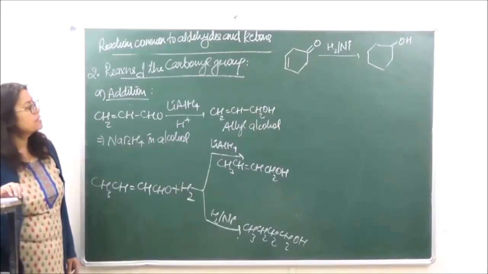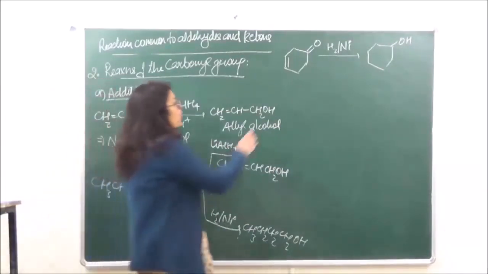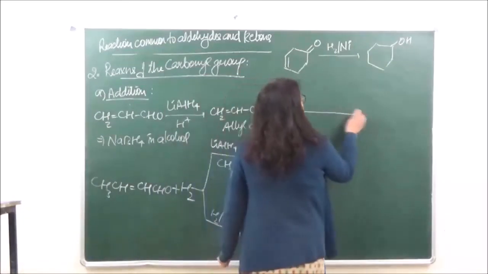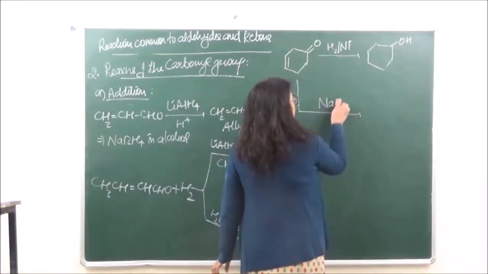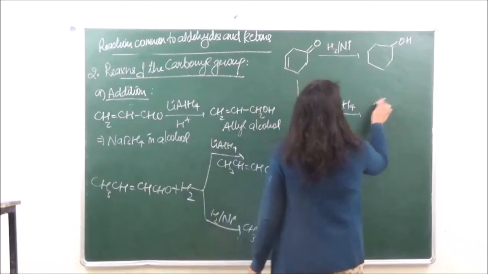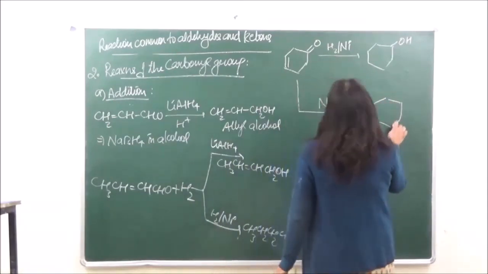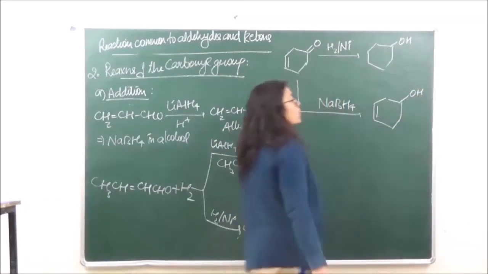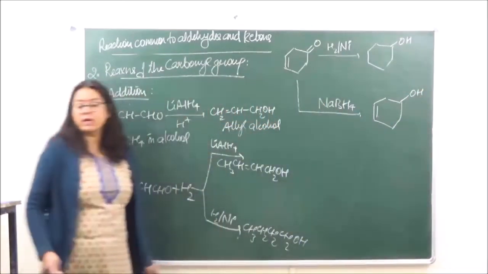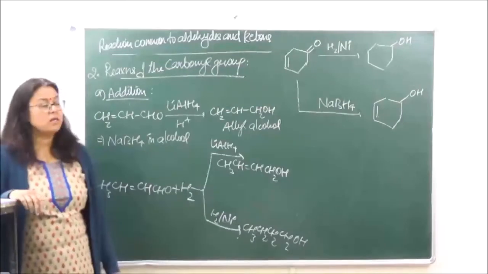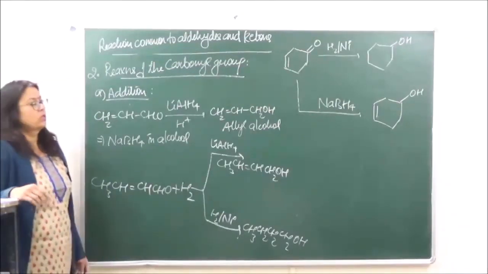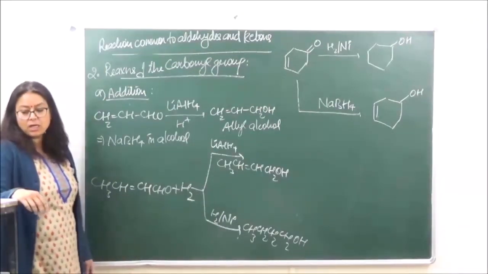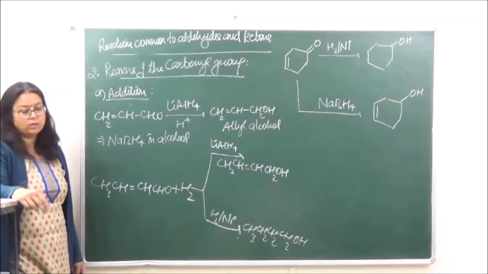And if we are doing the same reaction with sodium borohydride, the double bond will remain unaffected, giving us cyclohex-3-en-1-ol. Right?